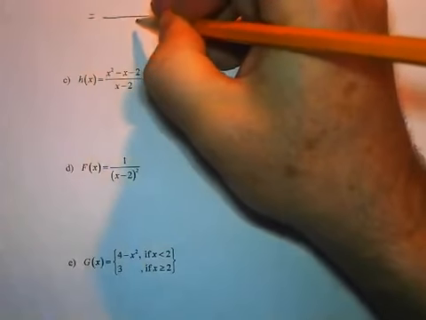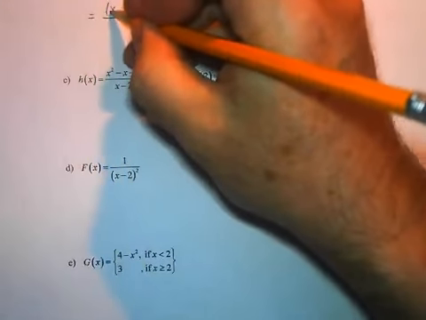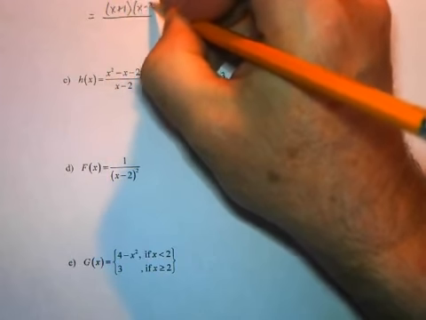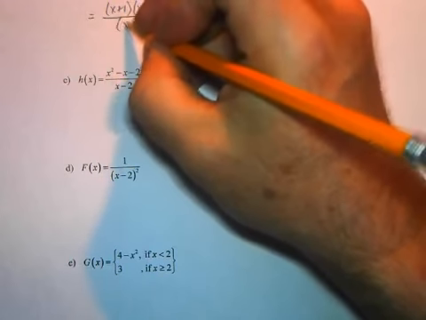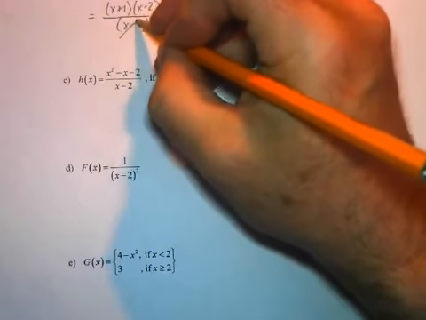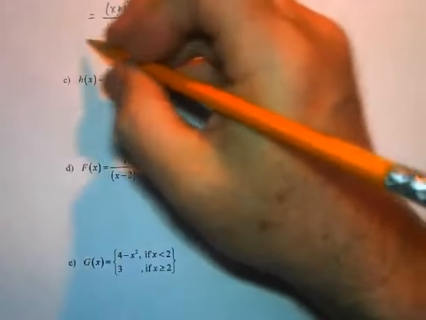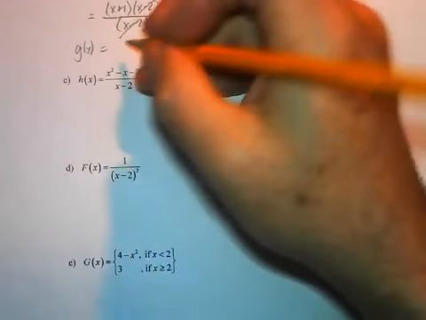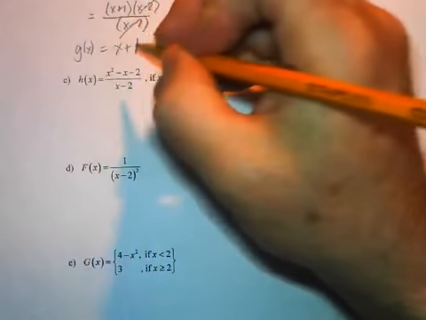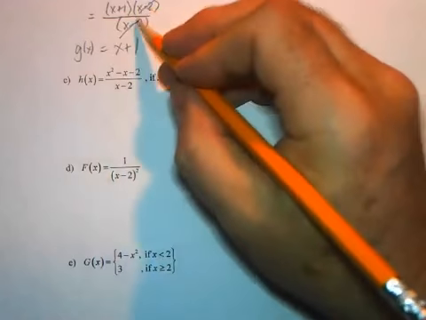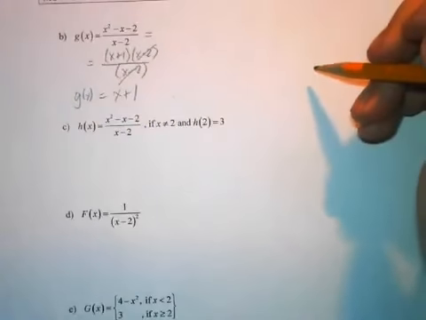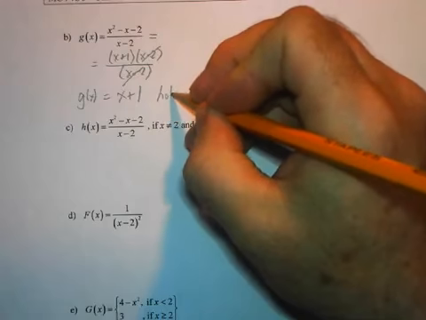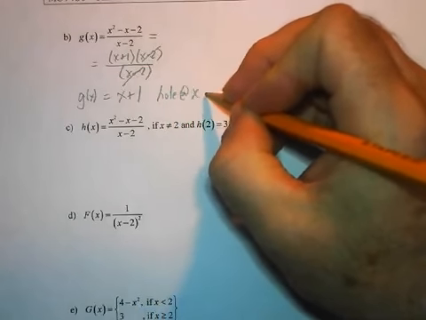That's going to be x plus 1, x minus 2 over x minus 2. All right, those two cancel out, and we're just left with g of x is equal to x plus 1. And because we canceled those two factors out, that tells us there's a hole at x equals 2.